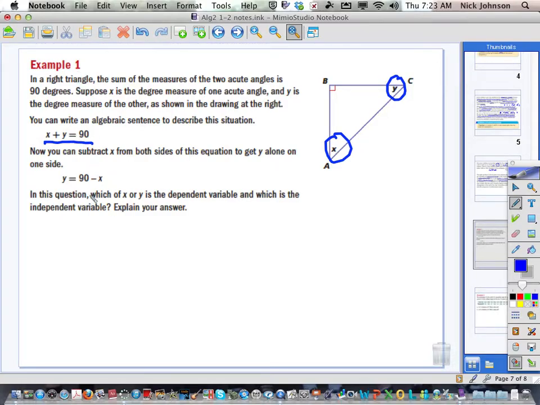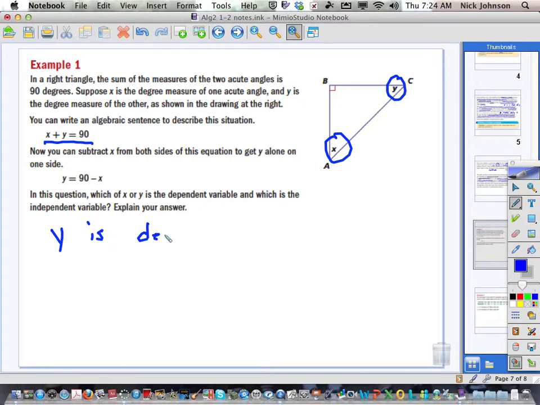The question in example 1 is, in this question, which of x or y is the dependent variable, and which is the independent variable? Go ahead and pause and answer this for yourself. Which is the dependent variable? Our dependent variable is whatever is dependent on the other. Y is the dependent variable.